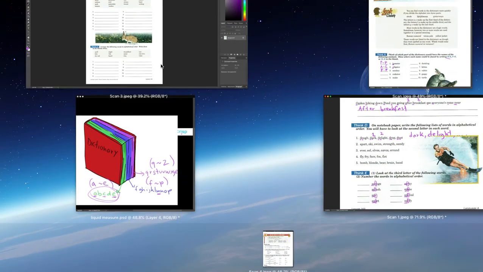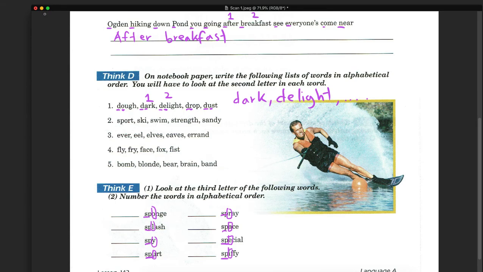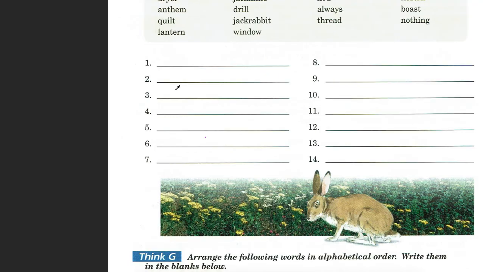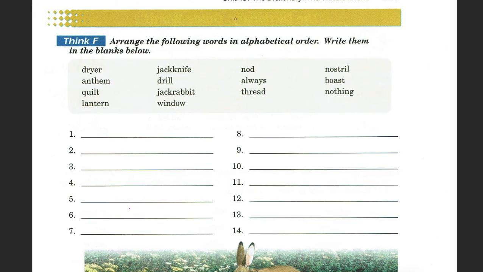Here's think F. Think F says arrange the following words in alphabetical order. Write them in the blanks below. So same thing. Start with the first letter. Look at the first letter of each word here. Some of these are going to have the same first letter. For example, anthem and always.